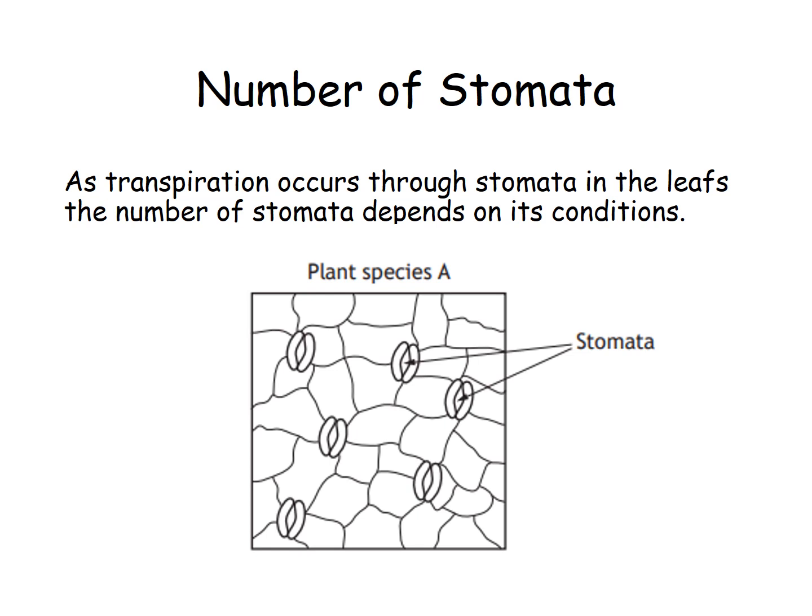Now when we're talking about the number of stomata, you may also be asked in an exam question about calculating the number of stomata. So for example, if this particular plant species A, if this particular section was 1 millimetre of a plant, and the question asks you how many stomata would be present on 2 centimetres of a leaf.